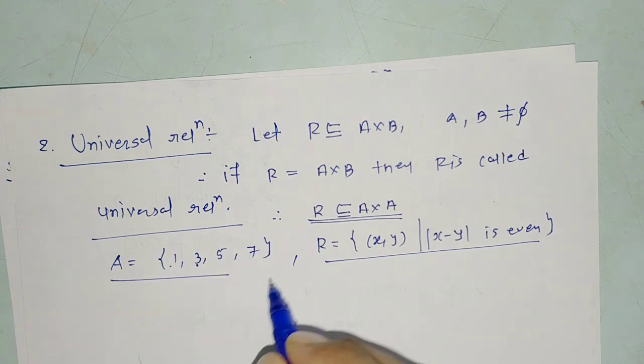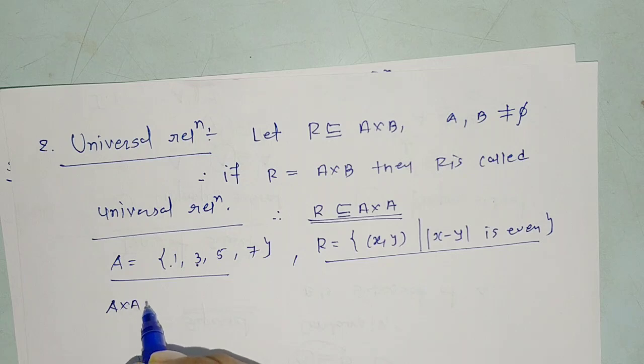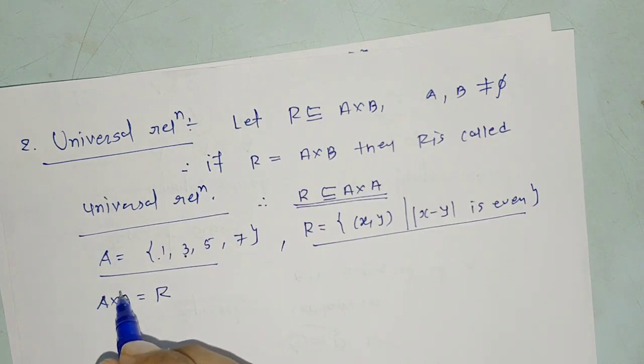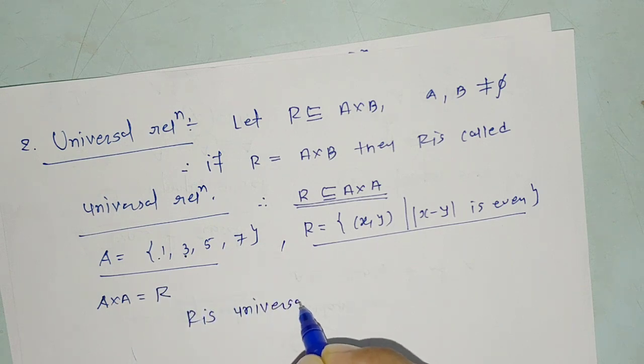So all the pairs of A cross A are in R. All the ordered pairs of A cross A lie in relation R. So R is a universal relation.